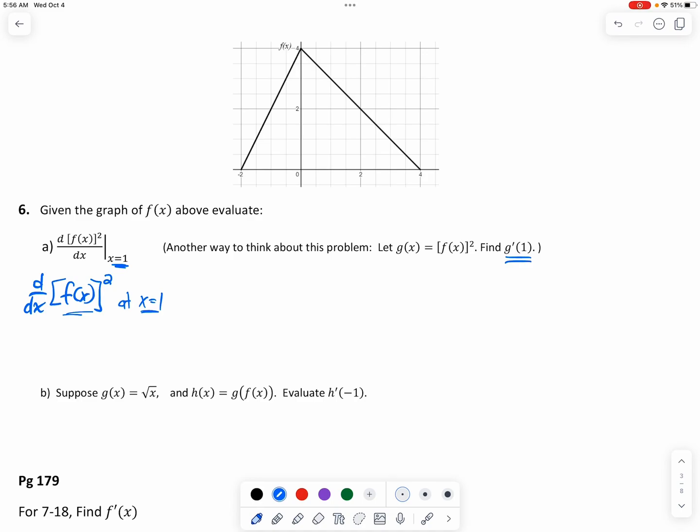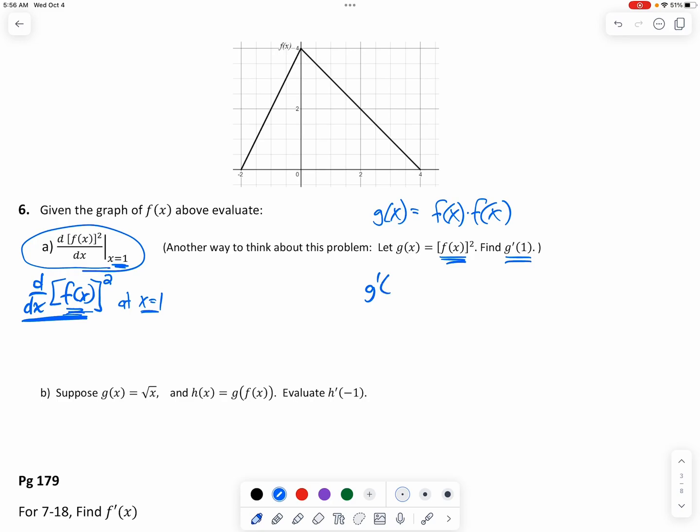Okay, yeah, that notation is a little bit clunky here, but we do need to find the derivative of a composed function, f of x squared. Now you could just write it out, that's f of x times f of x, and use the product rule. That's okay too. We will get the same thing. Since we're here for the chain rule, I'm going to find the derivative of this composed piece.